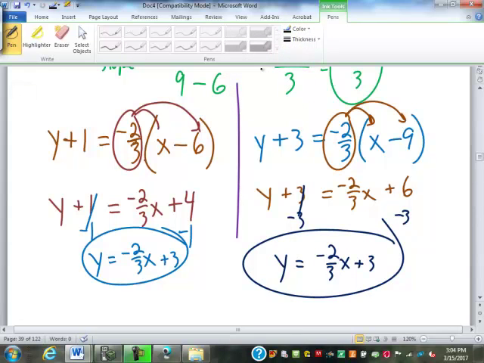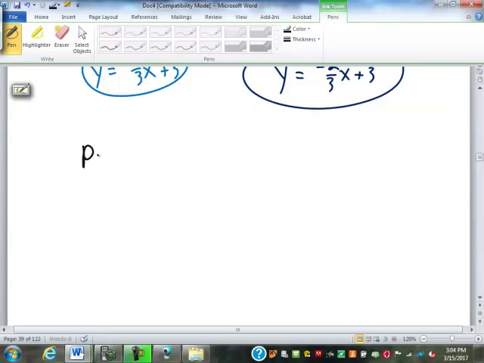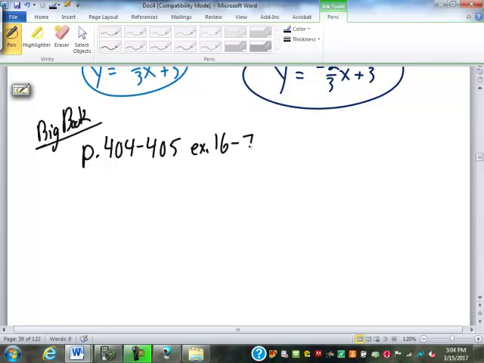Okay, now we do have a quiz coming up here to finish the hour. I'm going to give you the homework assignment here quick. So this is in the big book. On page 404 through 405, exercise 16-7A.